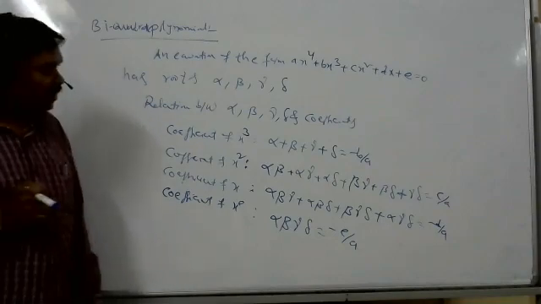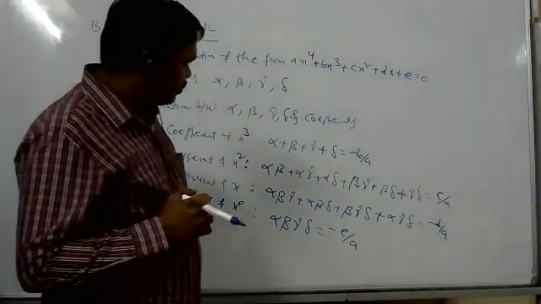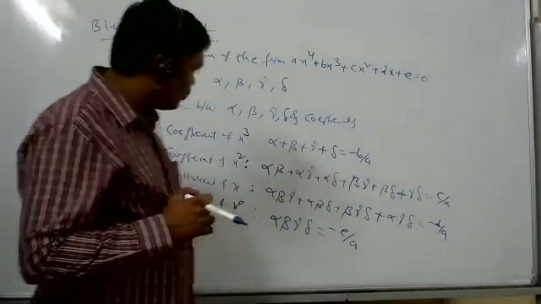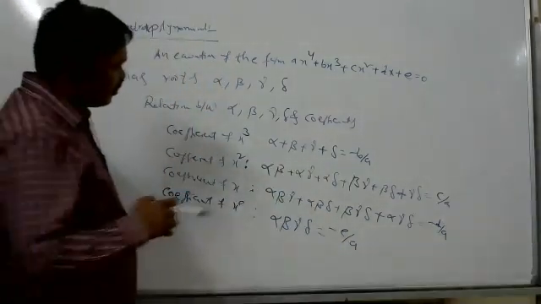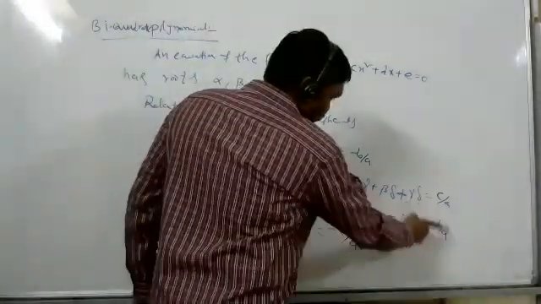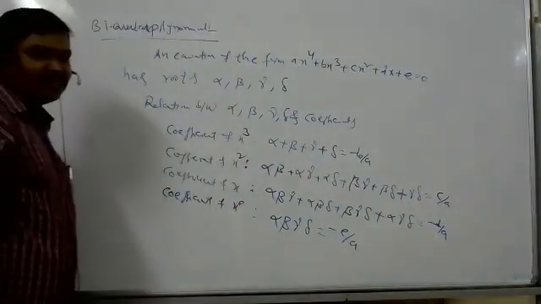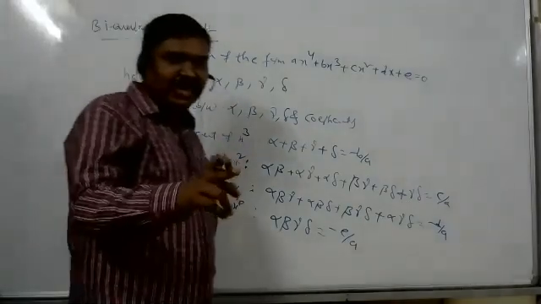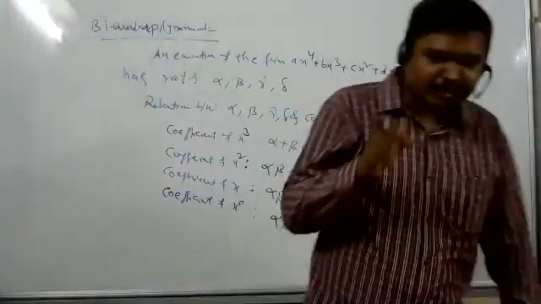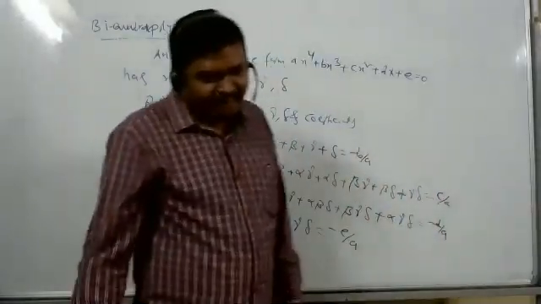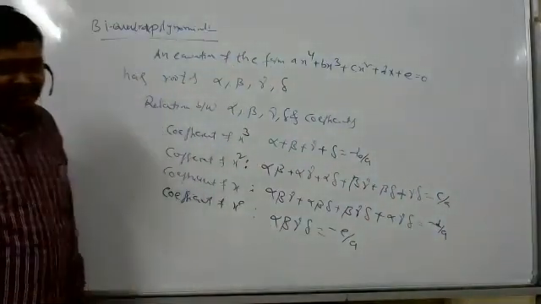Minus plus minus plus. You have to multiply x minus alpha, x minus beta, x minus gamma, x minus delta. Okay, sir. Calculate.